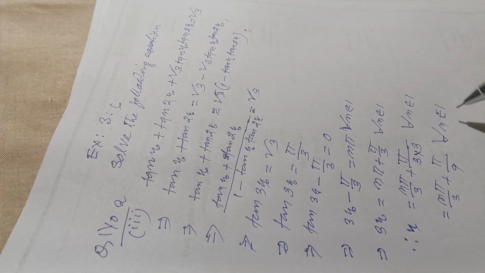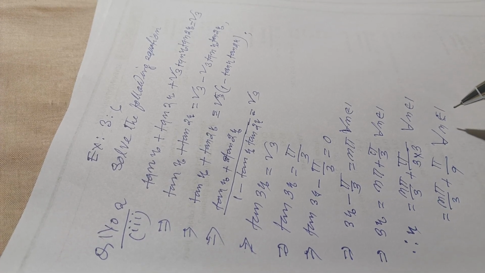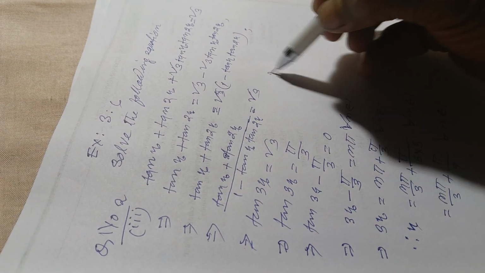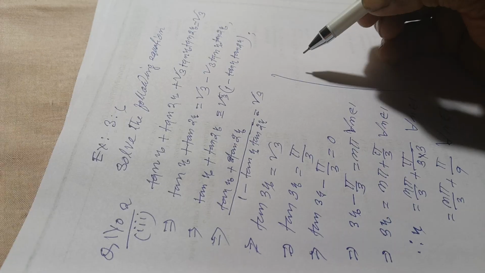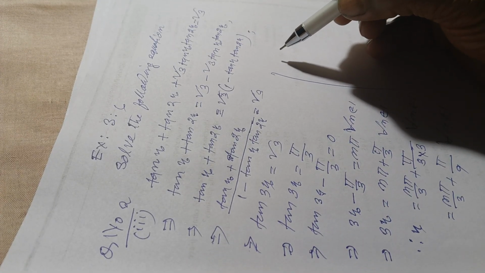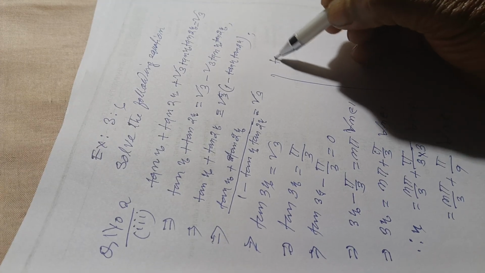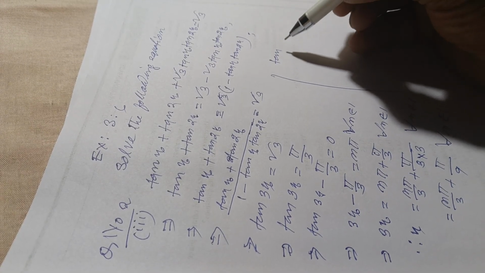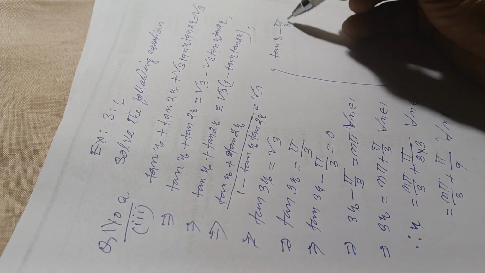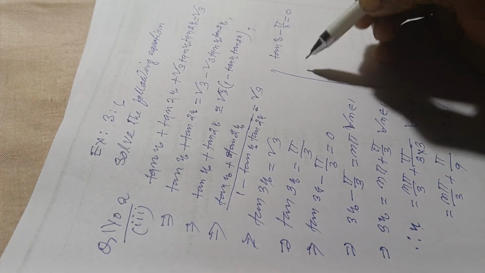For example, this is how 11th class students do mathematics for the sections of trigonometry. Let's try, for example, 2x minus pi by 3 is equal to 0.